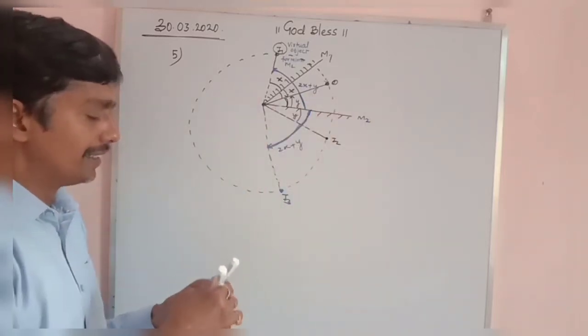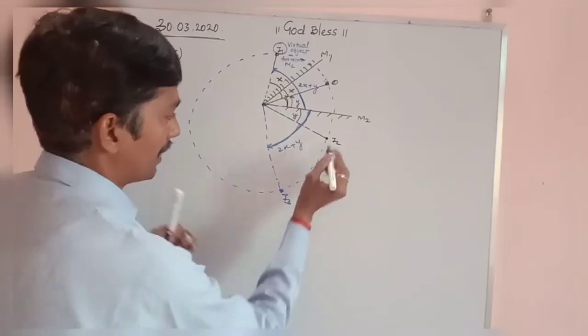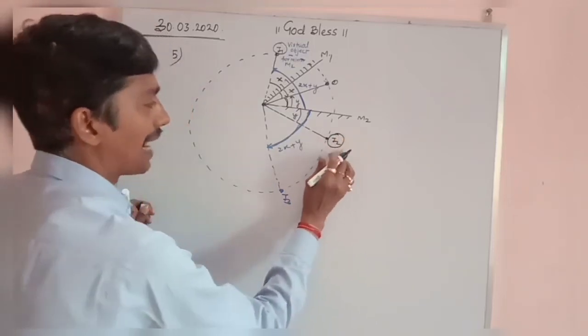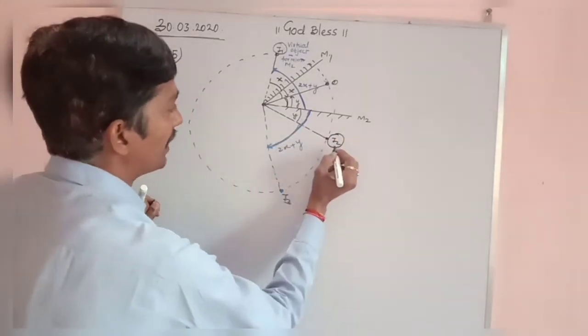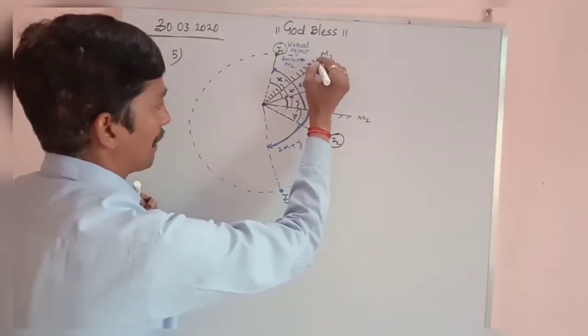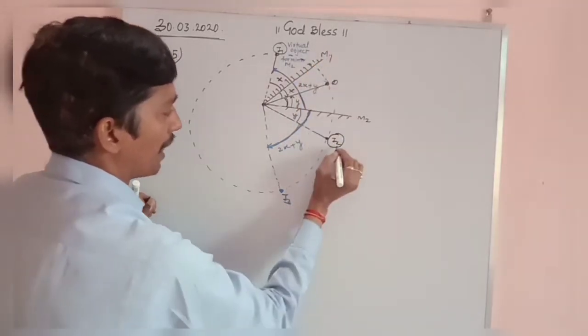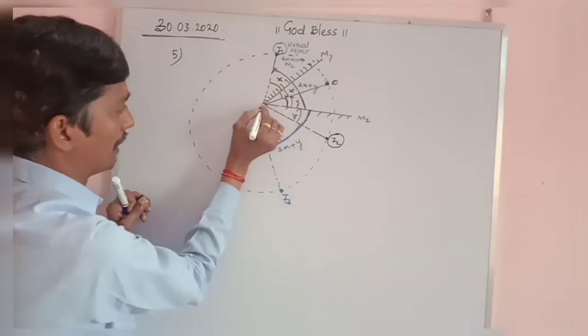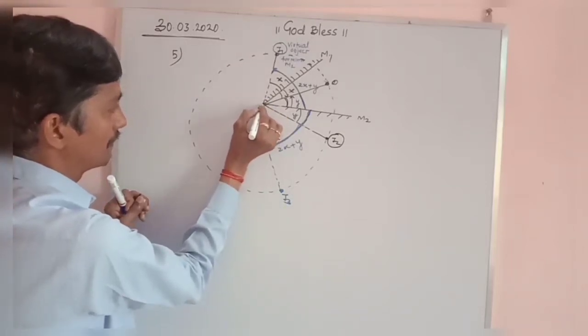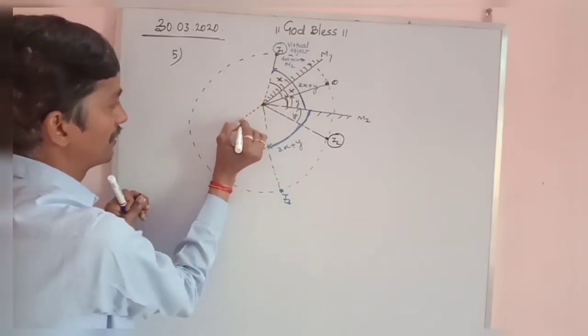Similarly, you can see this I2. Because this is mirror M1, for mirror M1 this I2 is the object, because I can extend the mirror like this.